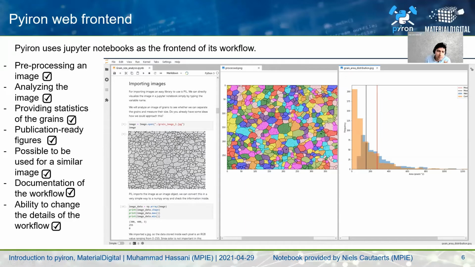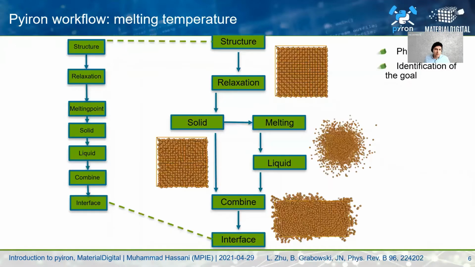As you can see in the notebook, I have each of the steps of the workflow documented beside the code snippets. So far, the initial expectation from the Pyiron workflow is met. But Pyiron has more to offer as a workflow environment.